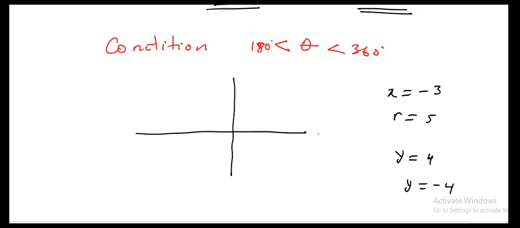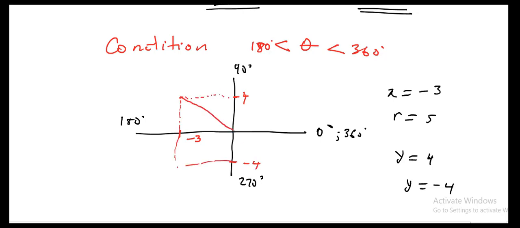Then we need to make the right choice of y. This is what we are doing here. Our x was already given, which is negative 3. Then y is positive 4, or y is negative 4.